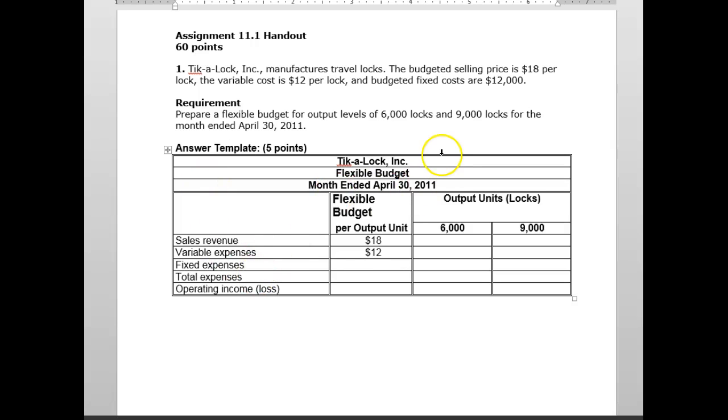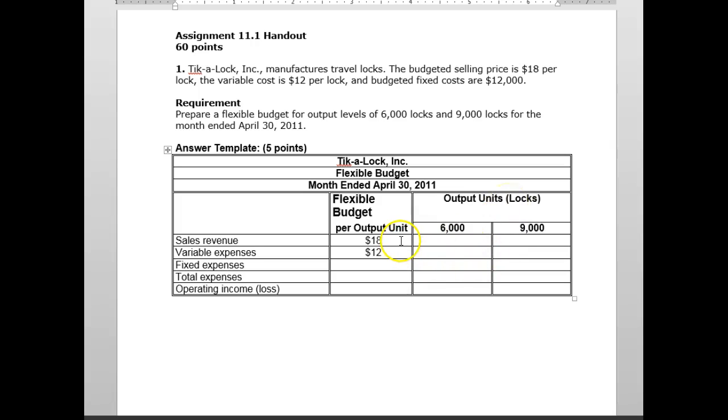First of all, let's look at this flexible budget. This is telling us the selling price that's budgeted is $18 per lock. The variable cost is $12, and the budgeted fixed costs are $12,000. So your variable costs, you're just going to ride right into the quantities here.